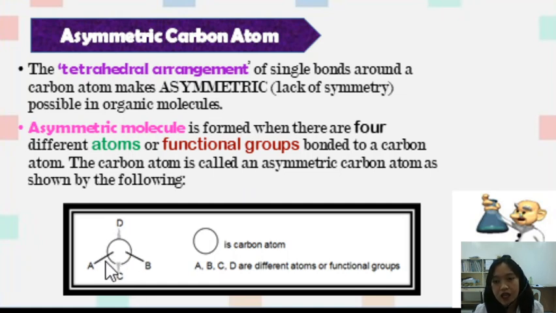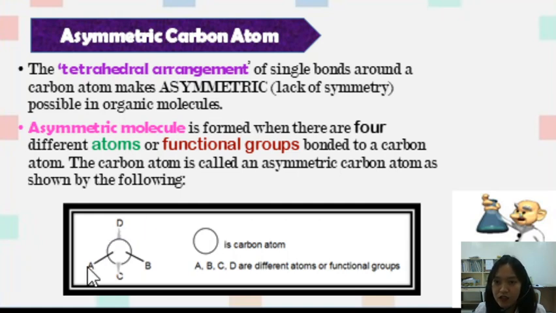You have your carbon atom represented in this structure as a circle found at the center. And in it, there are 4 different functional groups bonded to it.